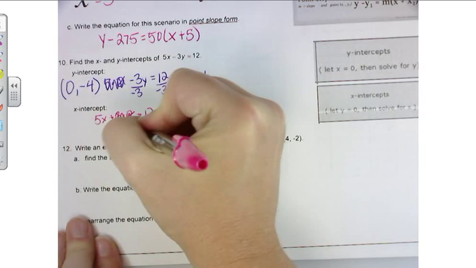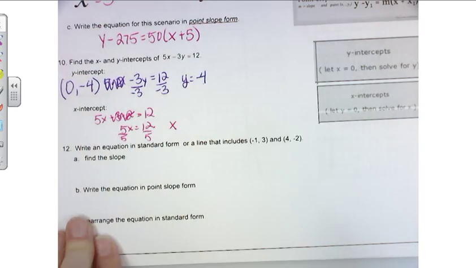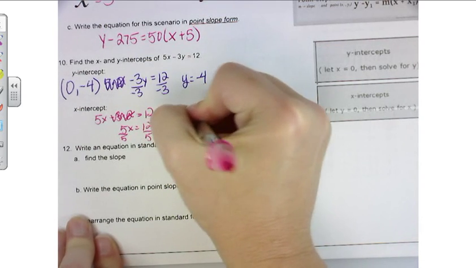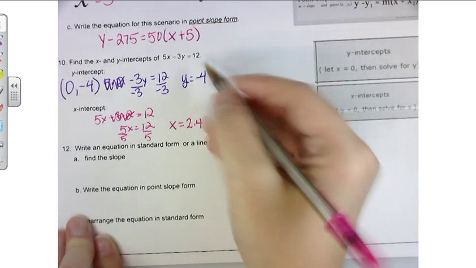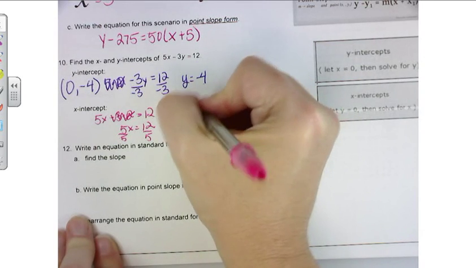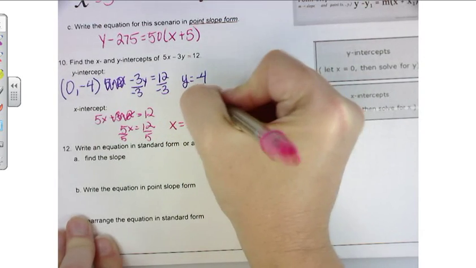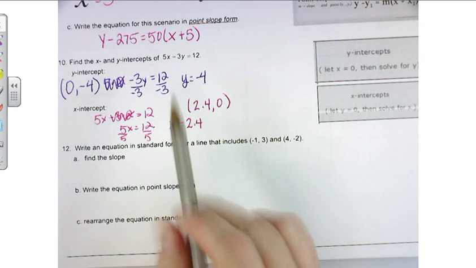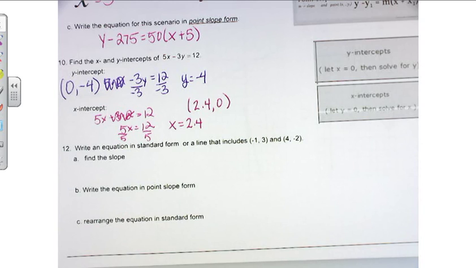Divide by 5, divide by 5. Your x is going to be like a funky decimal. That's okay. 2.4. So our y was 0. So over here we're going to have (2.4, 0). Those are our intercepts. I think the hardest part about doing this is knowing that you have to manipulate that equation twice.